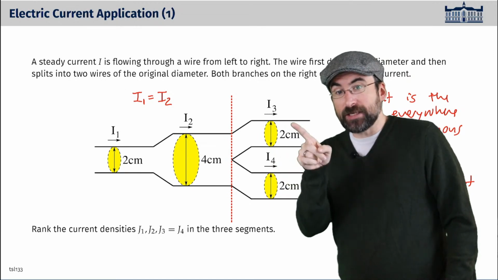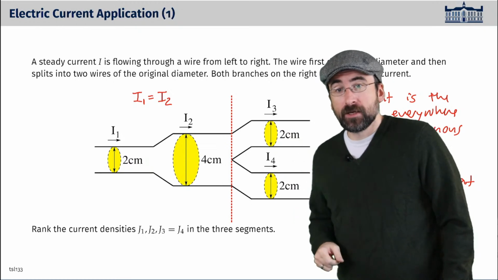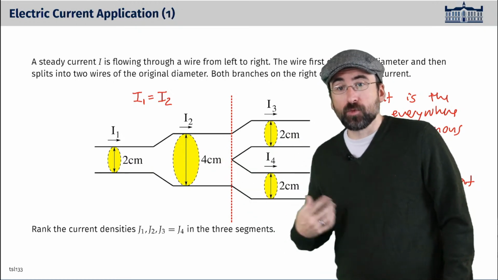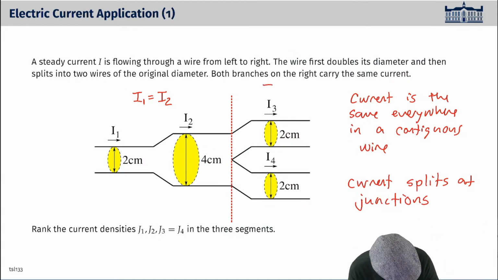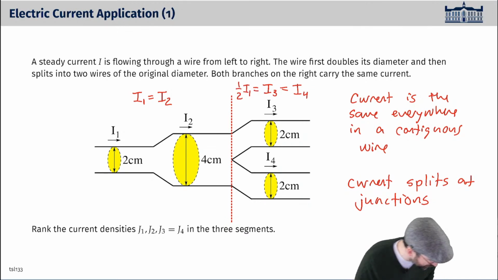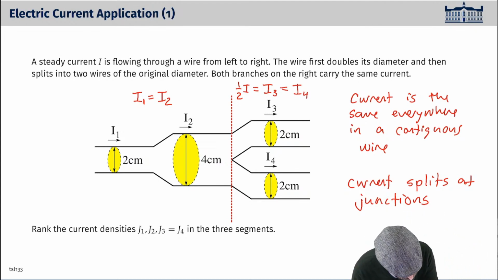It stands to reason, if the pipe is of equal size, then each one of these little branches will get equal amounts of current. So similarly, we can assume I3 is equal to I4, and that those are each equal to 1/2 of the original current.